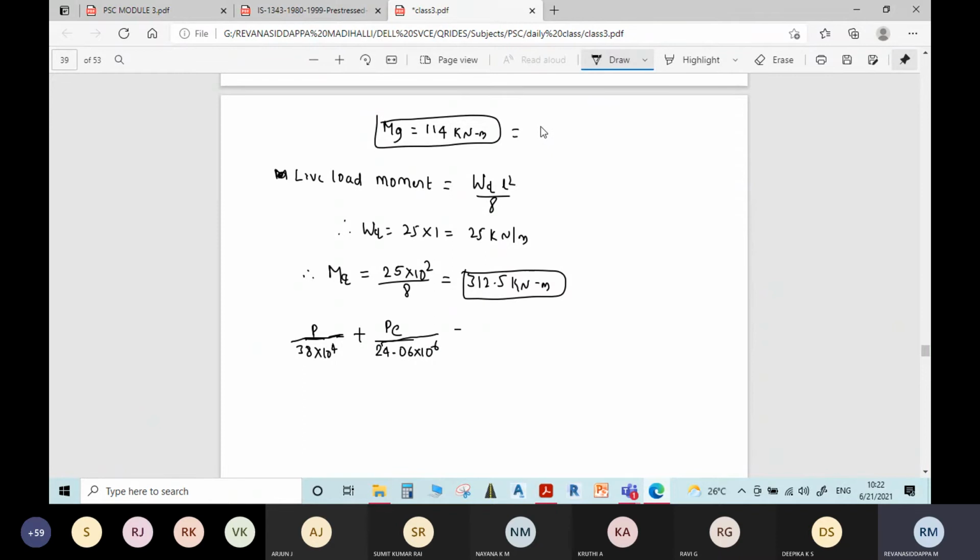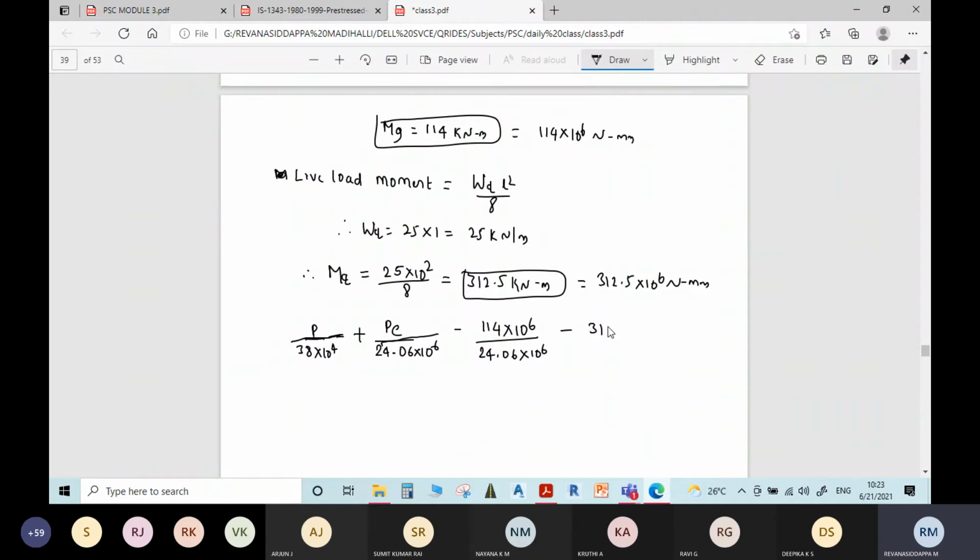In terms of Newton mm, it is 114 into 10 power 6 Newton millimeter. Therefore, 114 into 10 power 6 divided by Z, which is 24.06 into 10 power 6, minus mq by Z. Mq is 312.5 into 10 power 6 Newton millimeter.